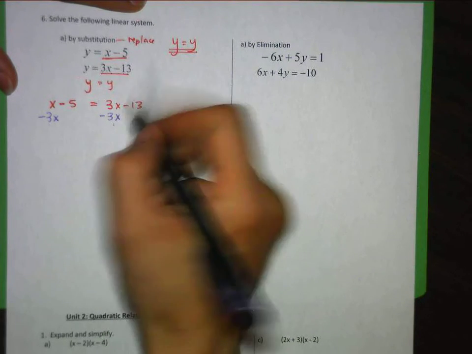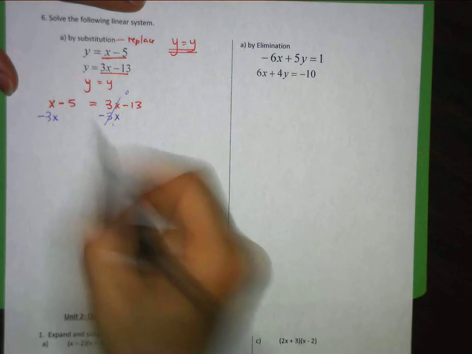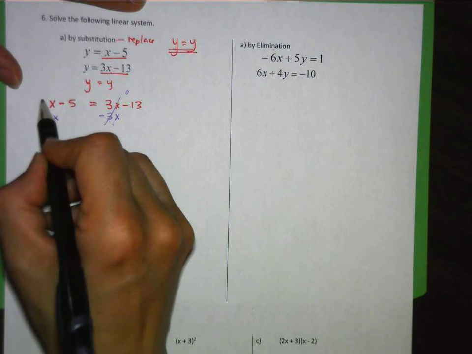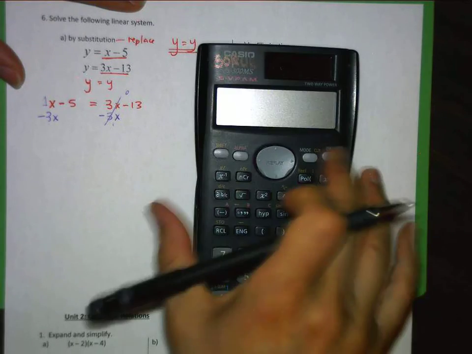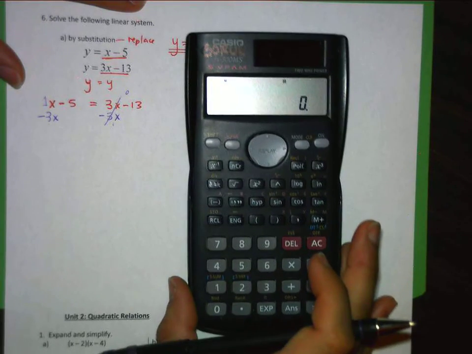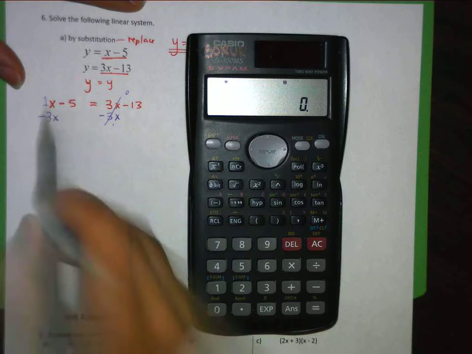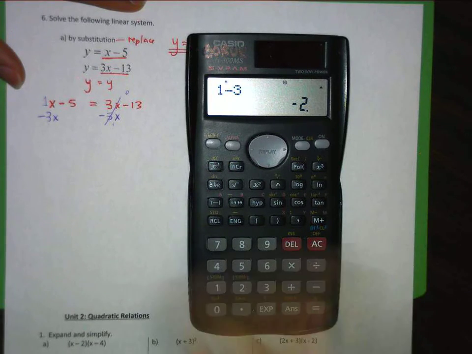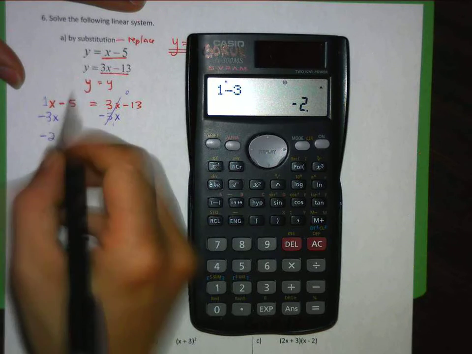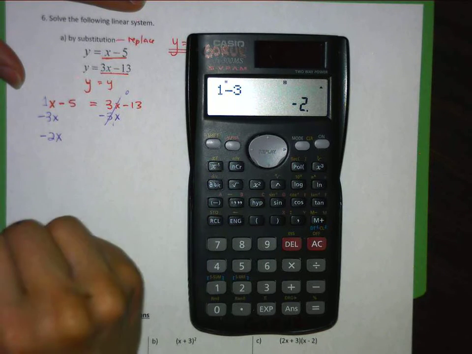The reason I chose it is so this became 0. And here, if you've forgotten, if there's an x, it's like there's a 1. So yes, there's no x's on your calculator, but you're always doing just the math with the numbers out in front, the coefficients. So it's 1 minus 3, that equals negative 2, and you can't forget to write down the x.